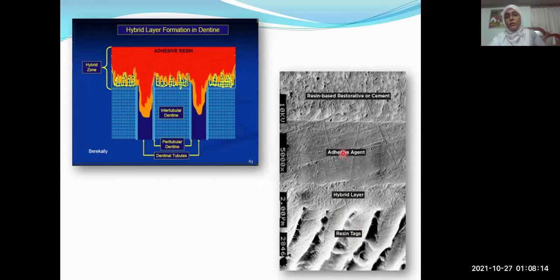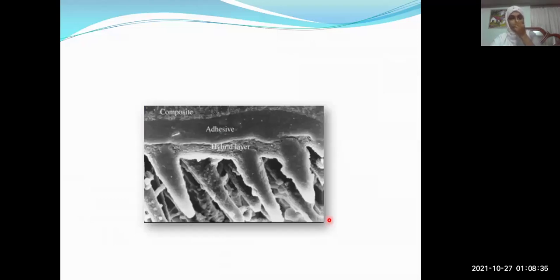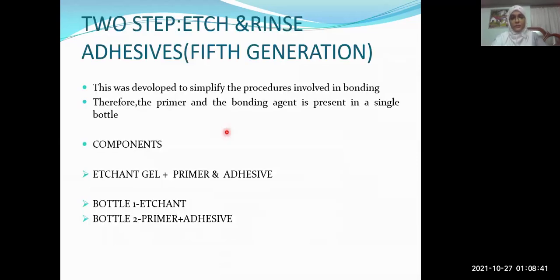This hybrid layer has a topmost layer consisting of collagen, a middle layer where the resin is replacing the collagen, and in the deepest layer or the base, you have demineralized dentin. So this is the hybrid layer present beneath the adhesive.